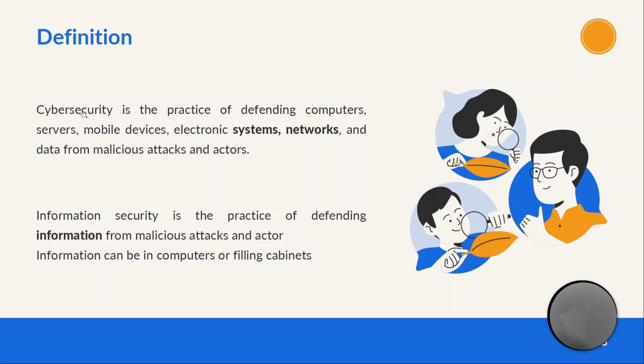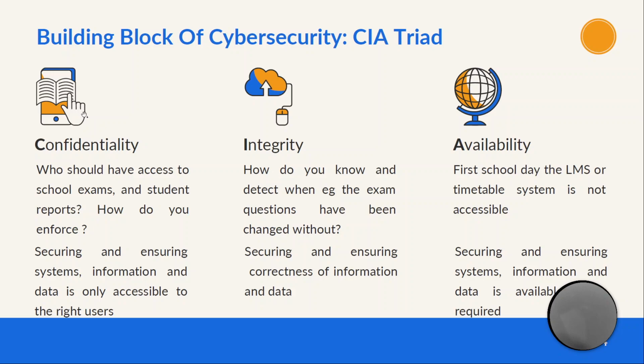Now, both of them are geared towards satisfying what we call the CIA triad, which are the building blocks of cybersecurity. Everything you do in cybersecurity, even information security, is meant to satisfy these three things: confidentiality, integrity, and availability.